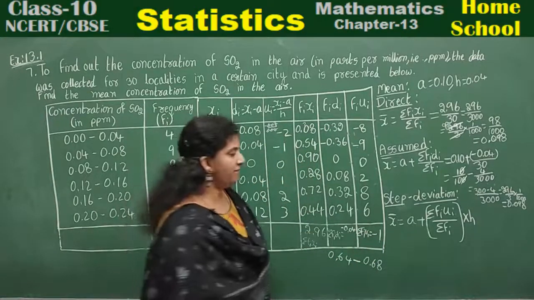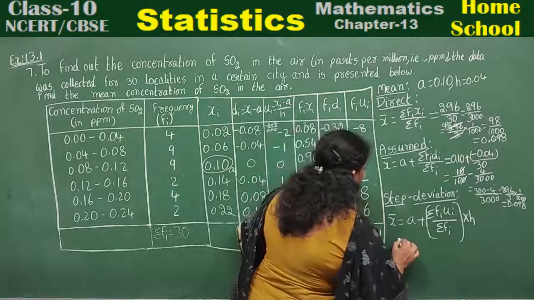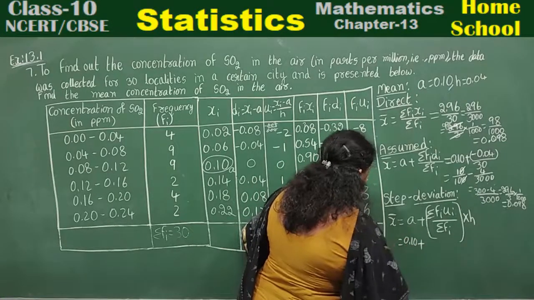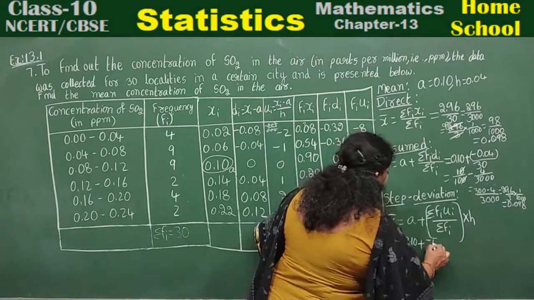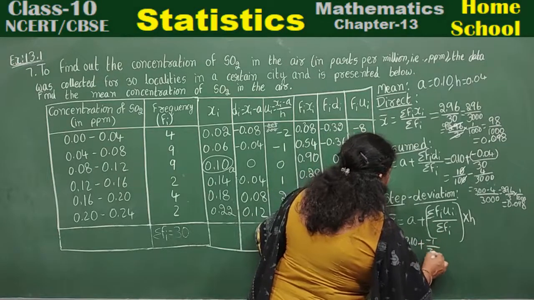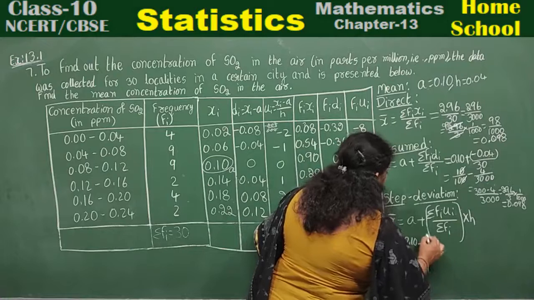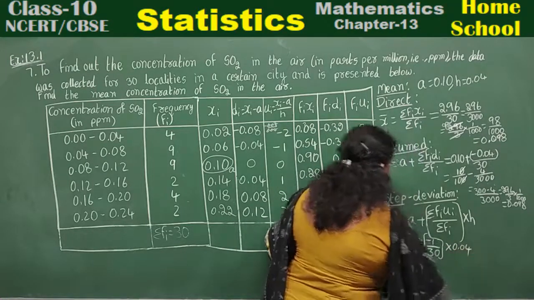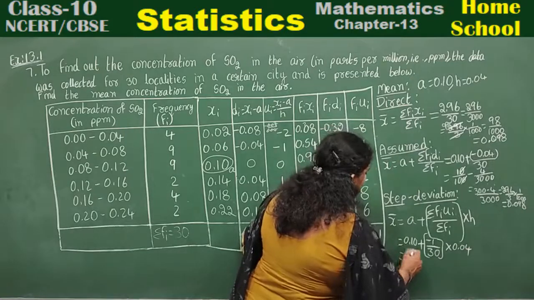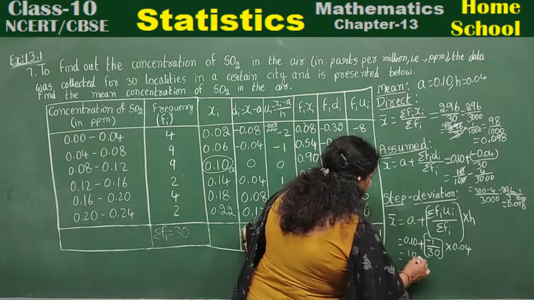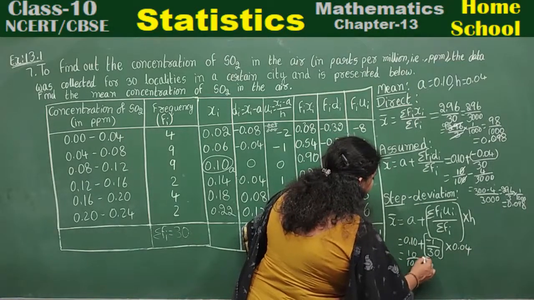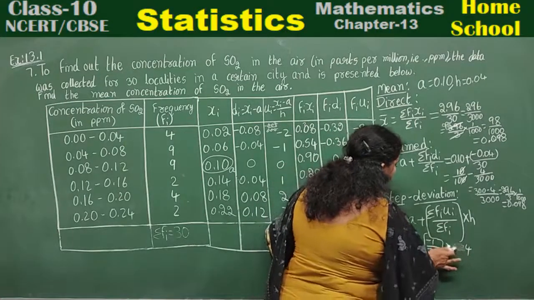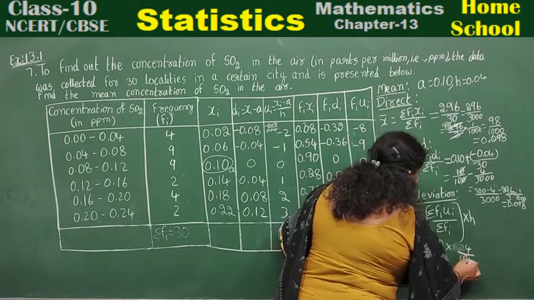Substitute in the formula. A value, what is the assumed value here? 0.10 plus summation Fi Ui is minus 1 by 30, minus 1 by 30 into 0.04. Now this one, look here carefully: 10 by 100 minus, this one if you convert, what happens? 4 by 100.